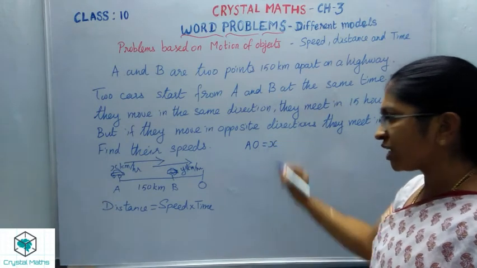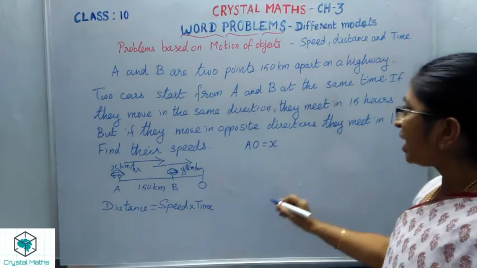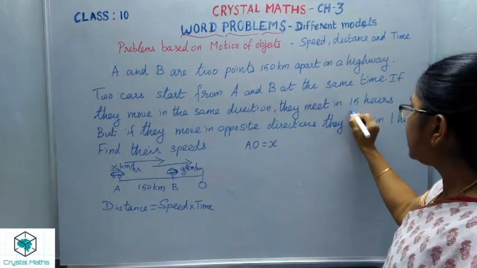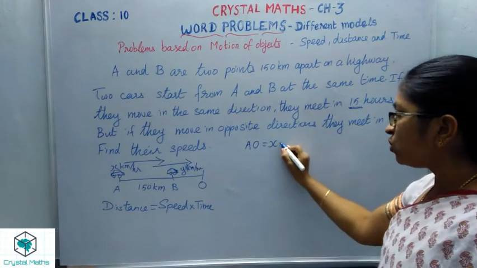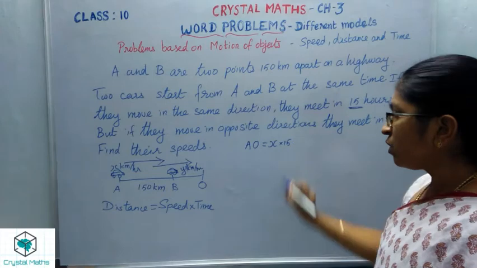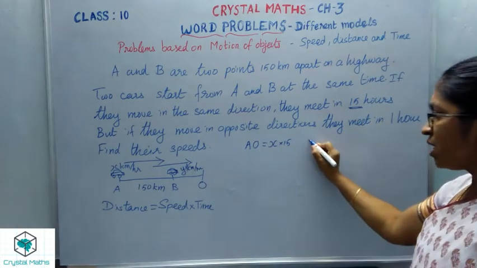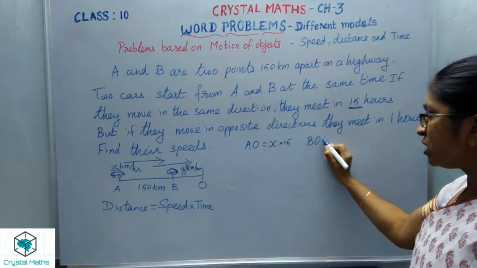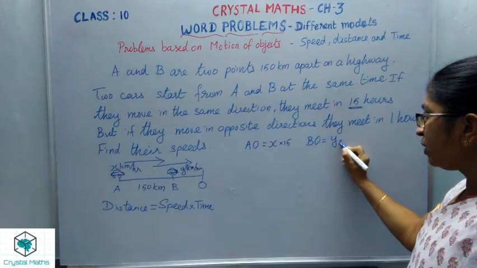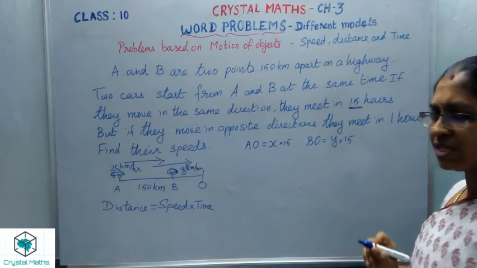Speed is x kilometers per hour for A and the time is 15 hours, so AO is x into 15. For the car starting from B, BO is y into 15. Time is the same.